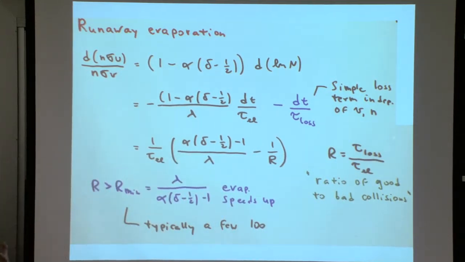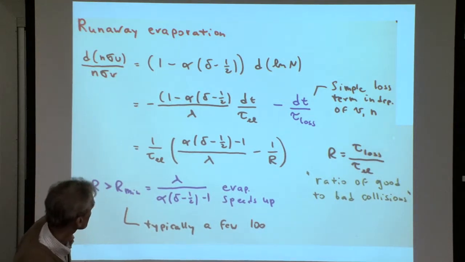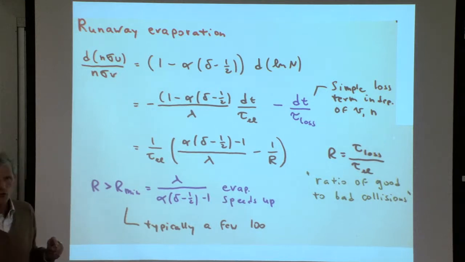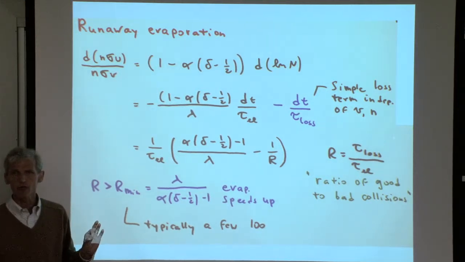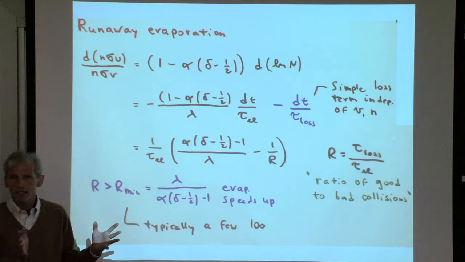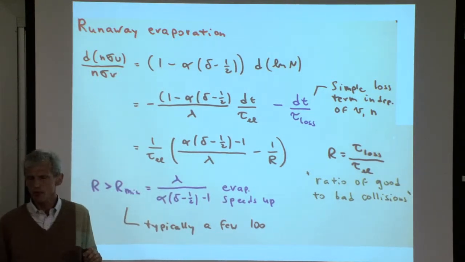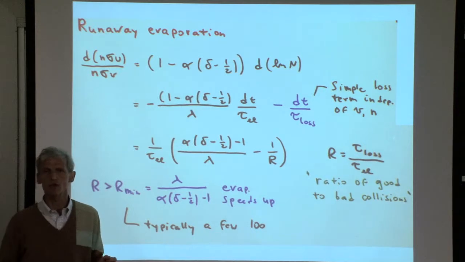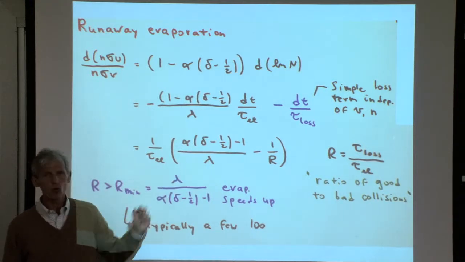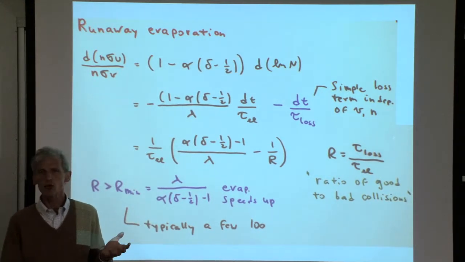So let me just summarize. The physics of power laws, the physics of exponential increase and decrease actually means that the experimental situation is often talking about a threshold. If you are above threshold and you get evaporative cooling going, you have a positive exponent and it will go faster and faster and faster. If this exponent is negative, you have slowed down evaporation.